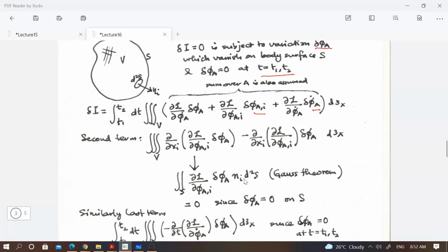Here, for example, this is with respect to the spatial coordinates, d/dx^i. Remember we have Gauss theorem. Say you integrate this total derivative inside your volume integral. You can convert this volume integral into a surface integral.